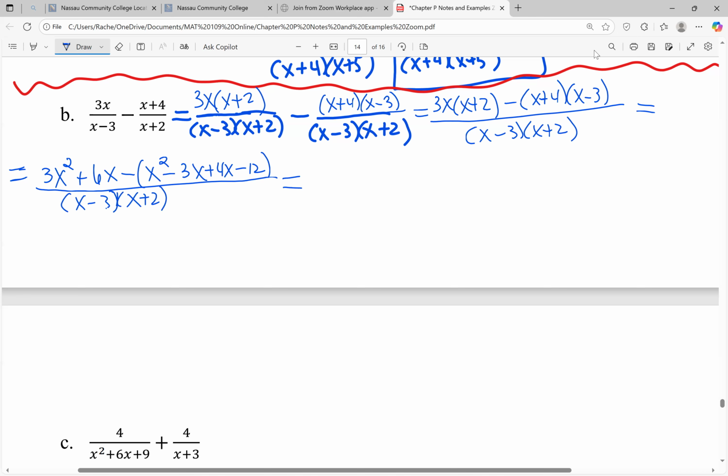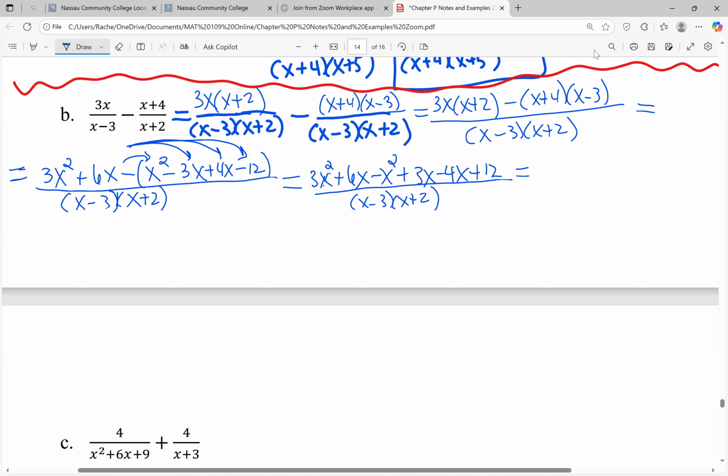And now we could distribute the negative in the numerator. So we're going to get 3x squared plus 6x minus x squared plus 3x minus 4x plus 12 over x minus 3 times x plus 2.